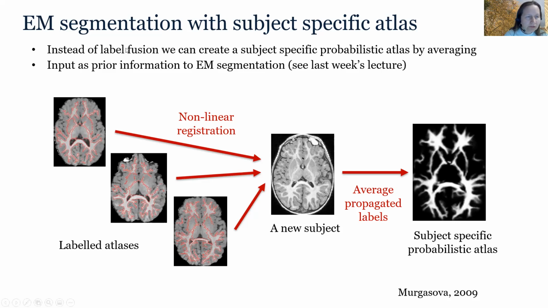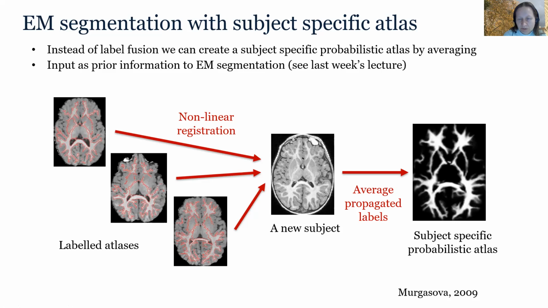Instead of label fusion, we can create a subject-specific probabilistic atlas. So let's start with our multiple label atlases. We register all of them to the new subject and propagate these labels, and then we perform averaging of the propagated labels, and you can see the result here.